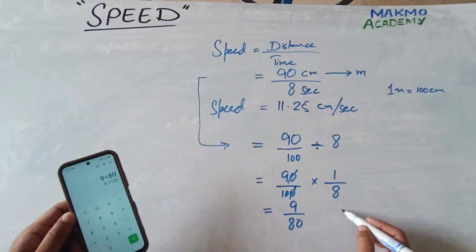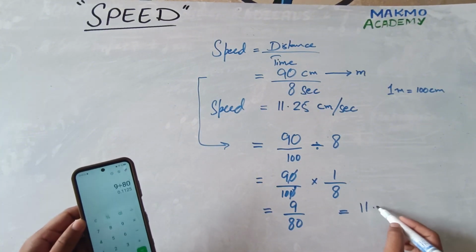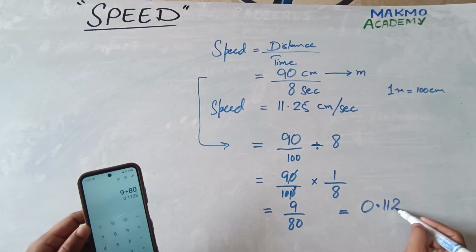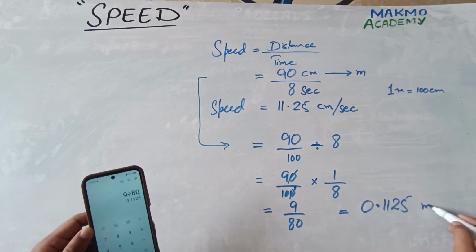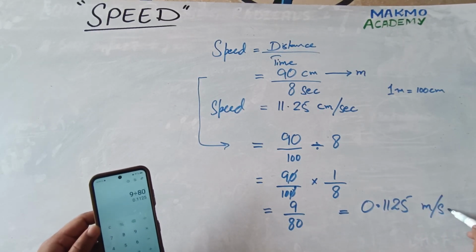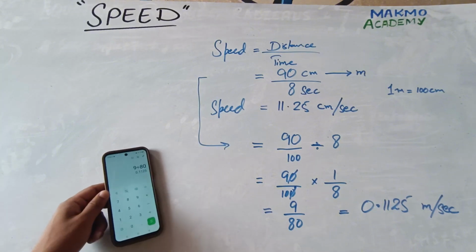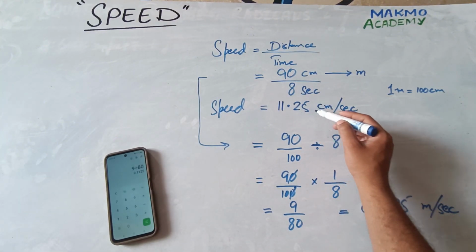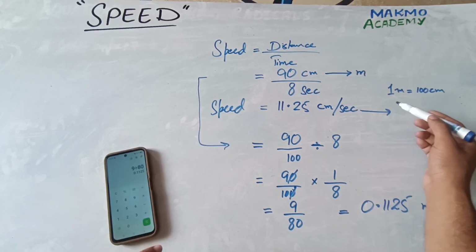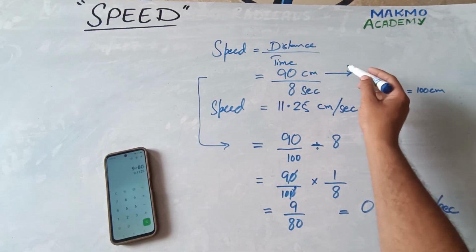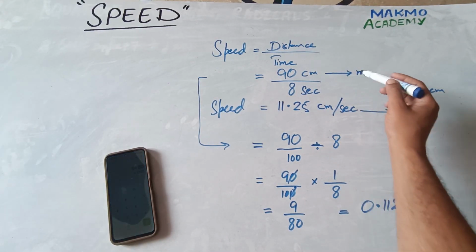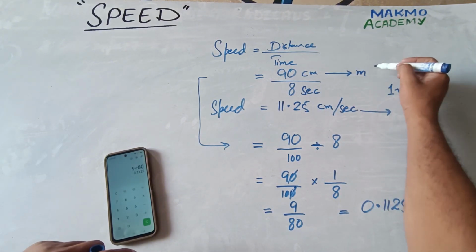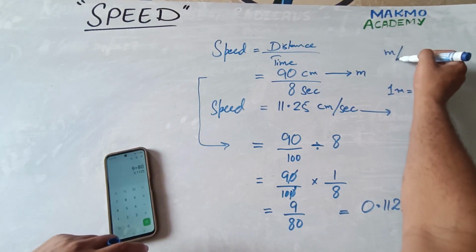So the final answer would be 0.1125 meter per second. You can also divide 11.25 centimeter by 100 and get the same answer, because we are only changing centimeter into meter, we are not changing seconds. So if the question is to give the answer in meter per second, we will do this.